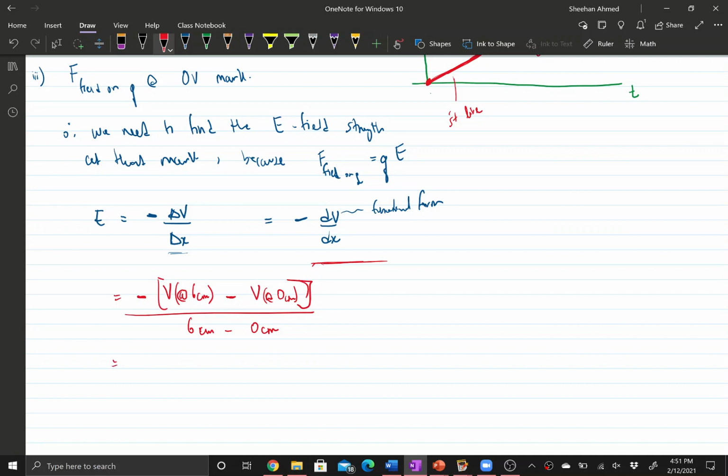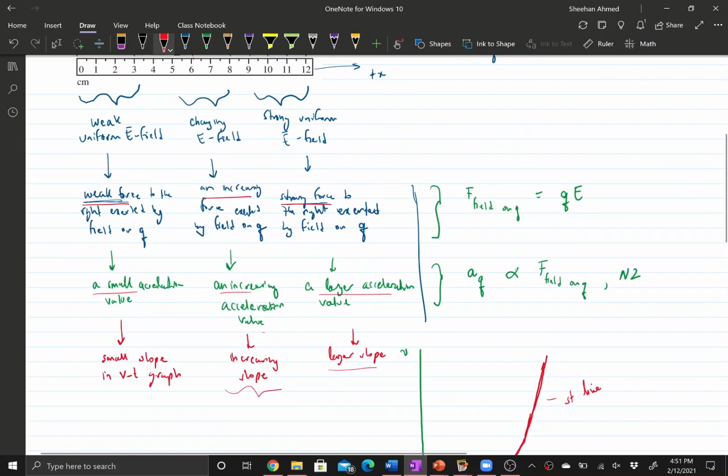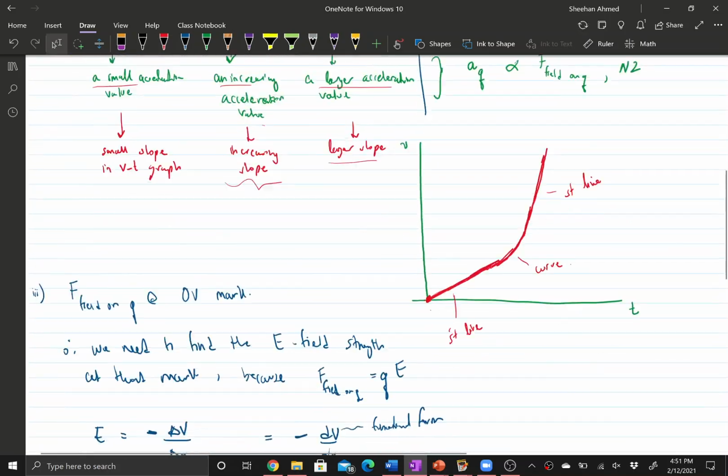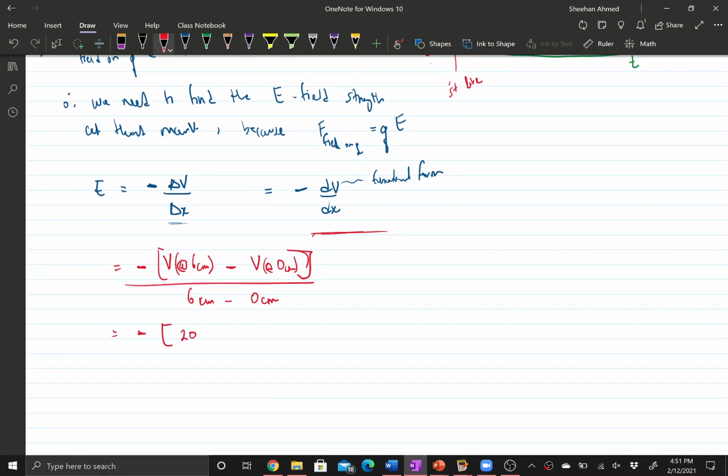All right, we can do this. Minus at 6 centimeter, it is 20 volts, and this is minus 20 volts. And 6 centimeter minus 0 centimeter gives me 0.06 meters.